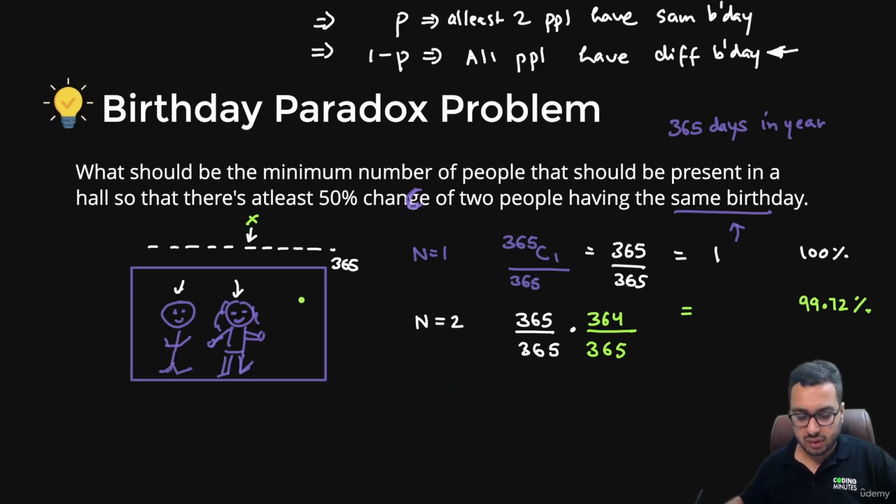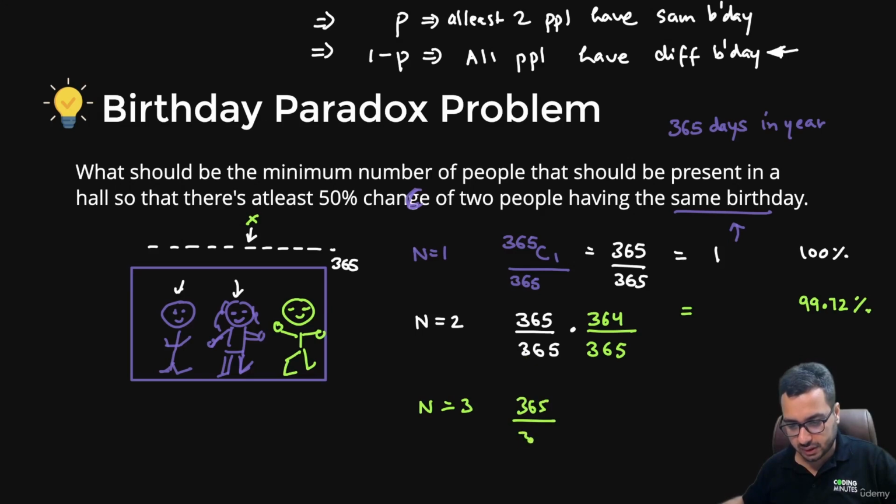If I add one more person, P3, let's see what happens. For n equal to 3, it would be 365 divided by 365, into 364 upon 365 for the second person. Now two days are booked.